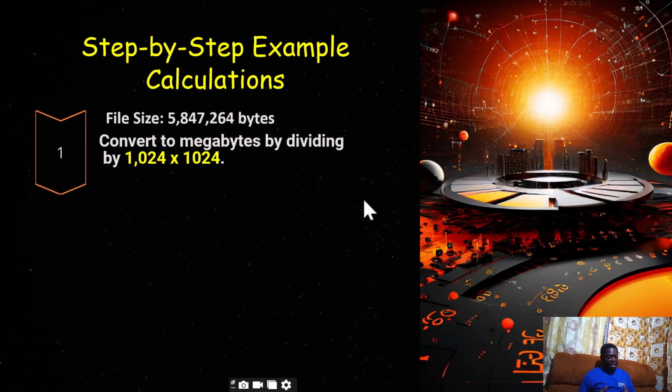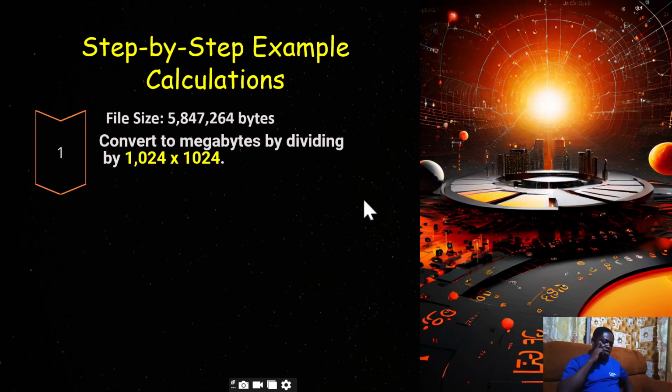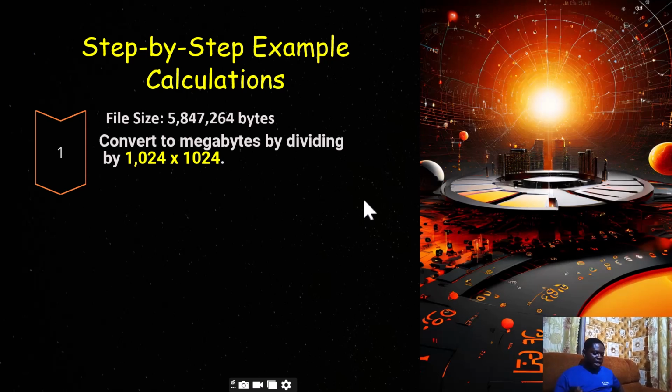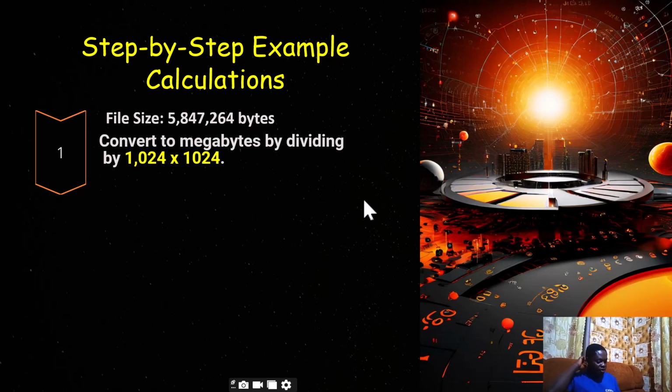Now you are converting from bytes to kilobyte, then from kilobyte to megabyte. So you multiply 1024 times 1024 before you can use it to divide the actual value.